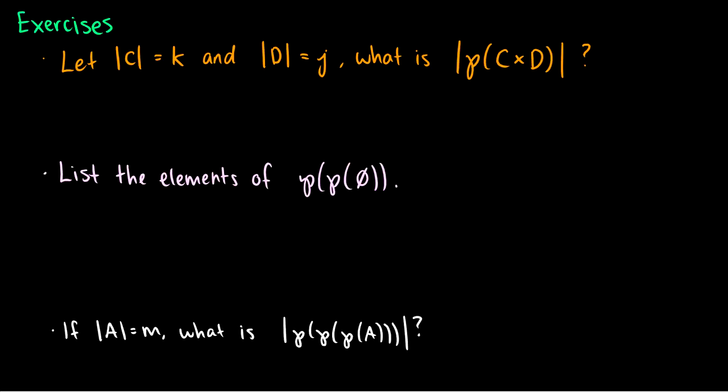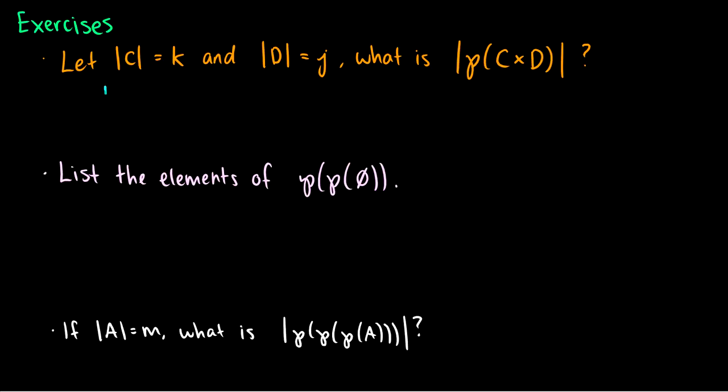Okay, so let's just do some exercises. I'm not looking forward to the second one, but we can do the first, second, and third. The first one says, let the size of C equal K, and the size of D equal J. What is the size of the power set of C cross D?